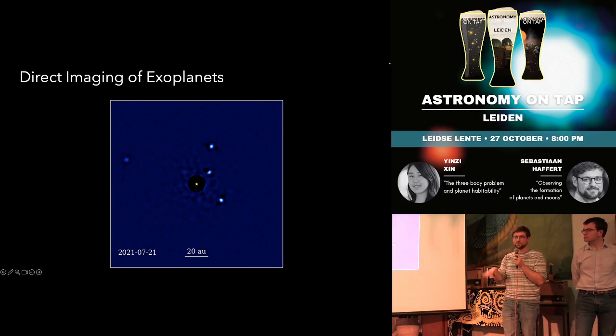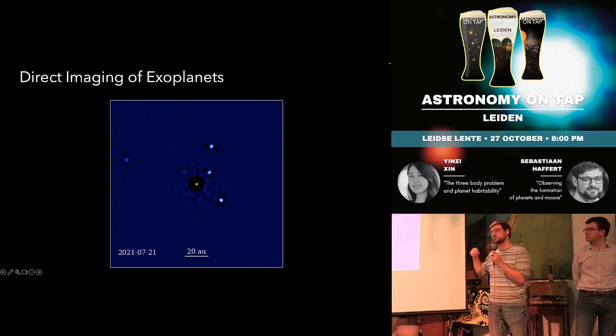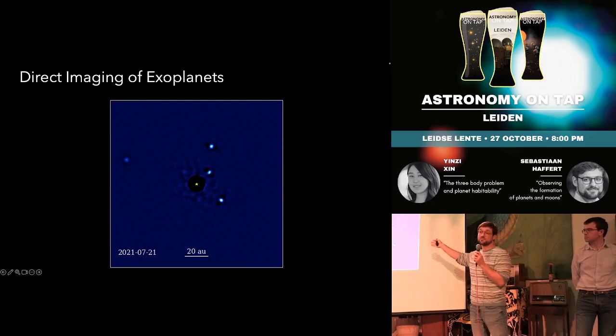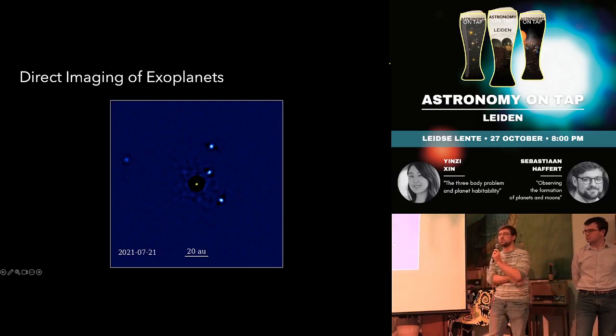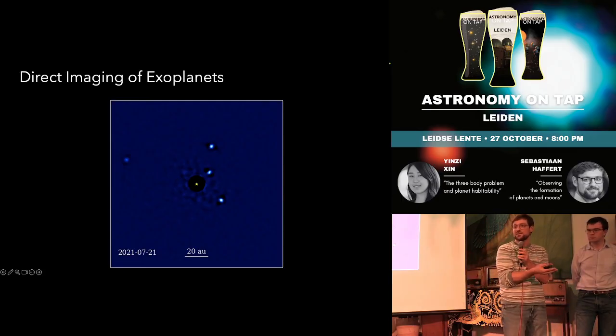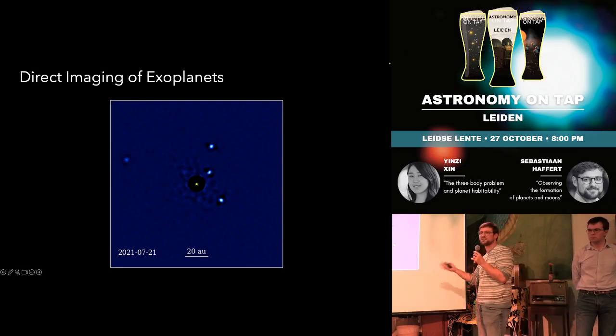We try to remove more of the starlight to reveal the planets. And what is true is that for space-based telescopes, this is easier because they're more stable, so we can post-process them much better. However, ground-based telescopes are still bigger, and bigger wins. So there's a bit of an unresolved question there: which one is better? Is it better to do better image processing at the end, or is it better to have a big telescope?